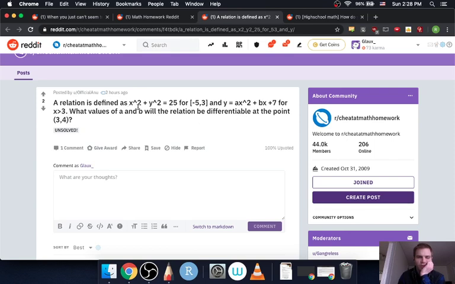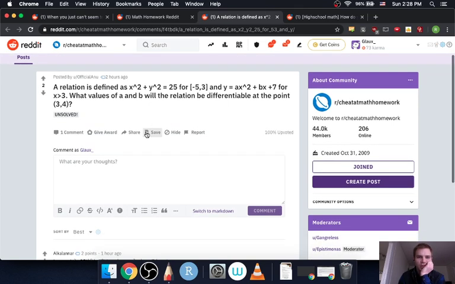So let's plug in 3 here. So 9 gives us 16, so y equals plus or minus 4. And then here, what values of a and b will make the relation be differentiable at the point 3, 4.